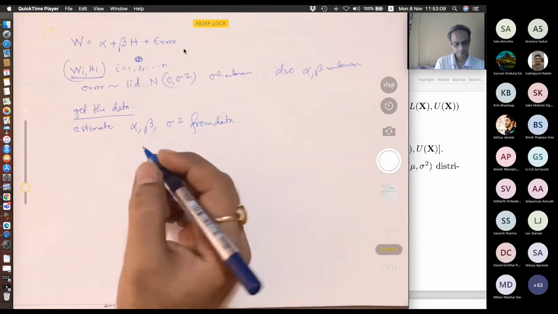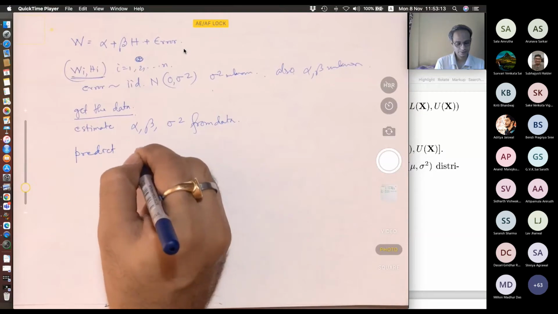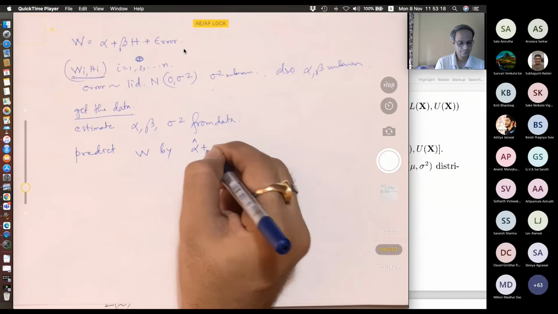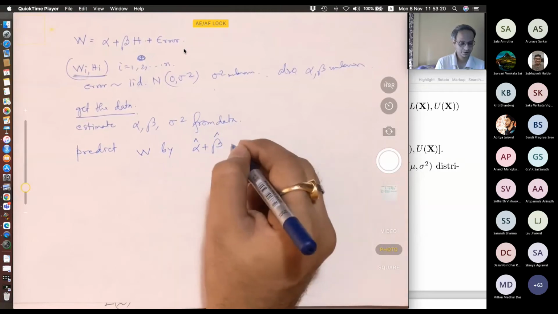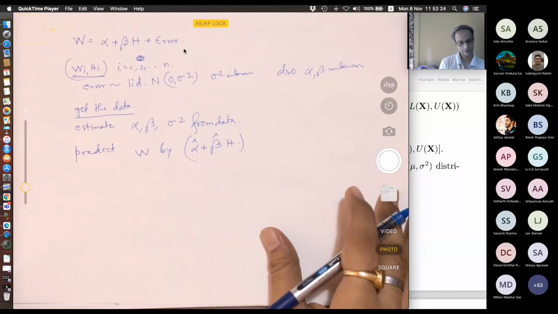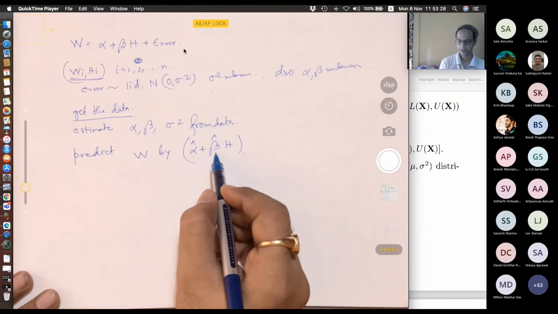Then predict: W equals alpha hat plus beta hat times H. Now in this formula, alpha hat is a function of data, and beta hat is also a function of data.